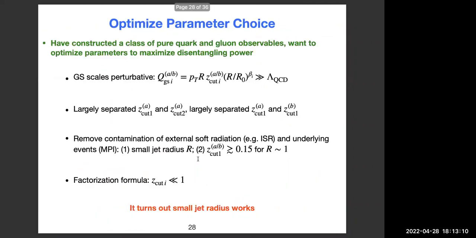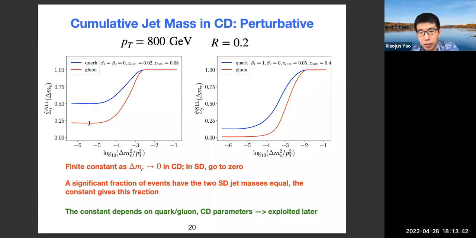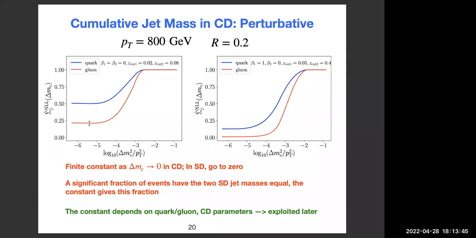When you showed the first plots where you saw that the gluon jet mass cumulative distribution saturated at a lower value than quarks, this is simply saying that the gluon jets are wider, because the delta function seems to be smaller for gluons in all the cases that we see, at least. Yes, right. Okay. Right.